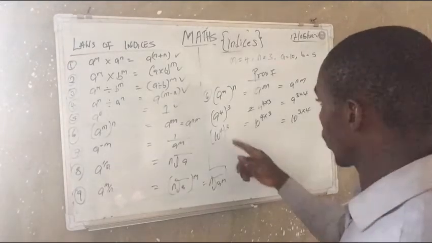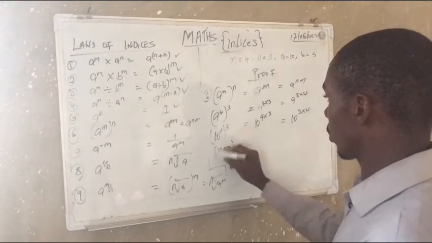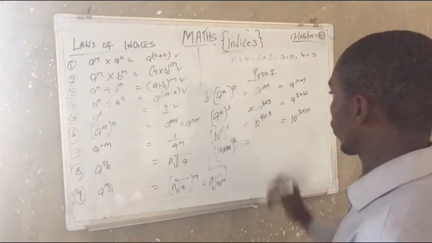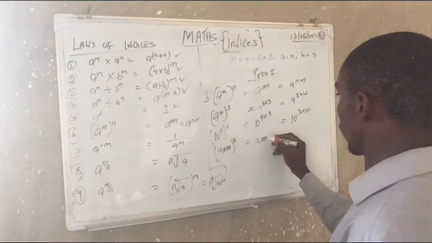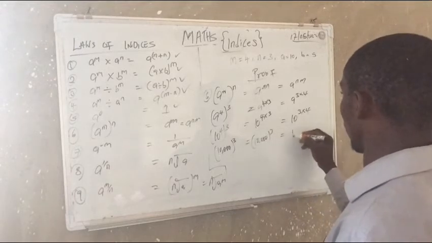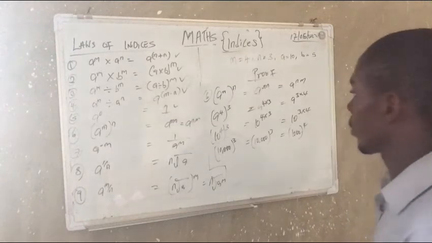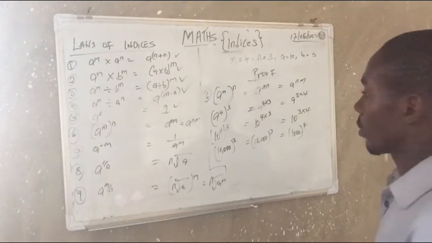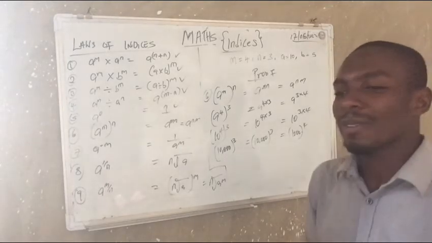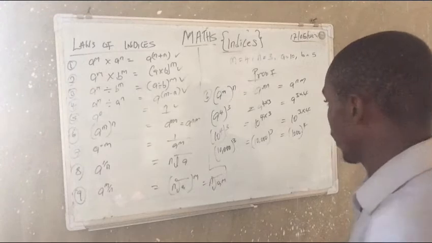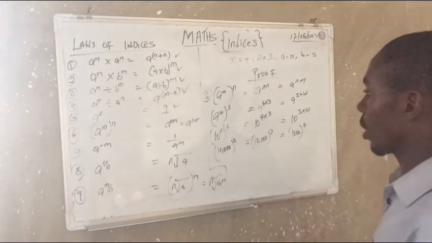Now, the next one is 10 raised to the power 4, which is 10,000, all raised to the power 3, is equal to 1,000 all raised to the power 4. As you can see, we are heading over to very large numbers. But believe me that everything here is equal.